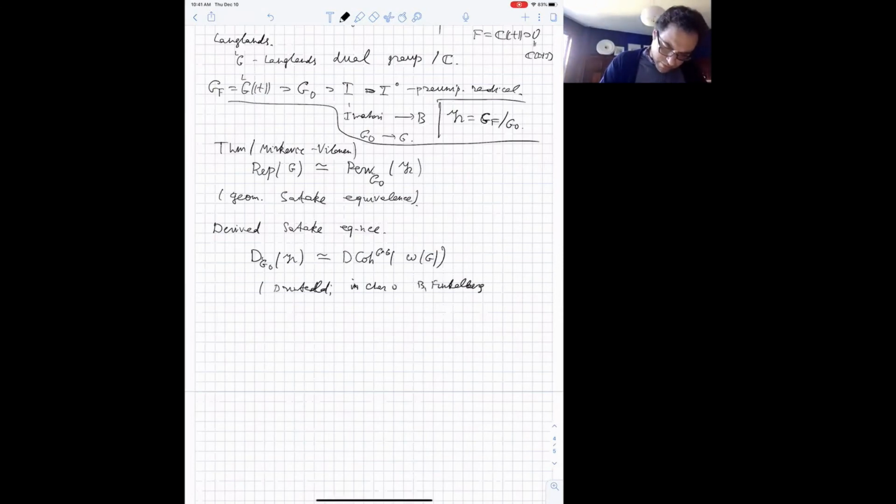And there were some unpublished contributions by Gaitsgory and Lurie. And in characteristic p, this is work in progress with Dhillon and Mirkovic.